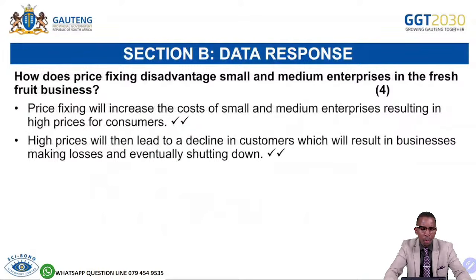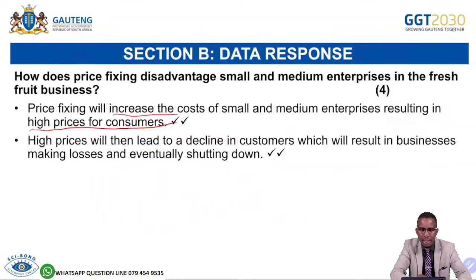Then, how does price fixing disadvantage small and medium enterprises in fresh produce or fresh fruit businesses? If businesses are involved in price fixing, then they charge excessively high prices. How does that affect smaller businesses? Price fixing will increase the cost of small and medium enterprises, resulting in high prices for consumers.